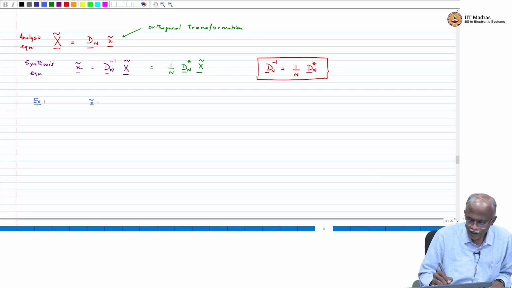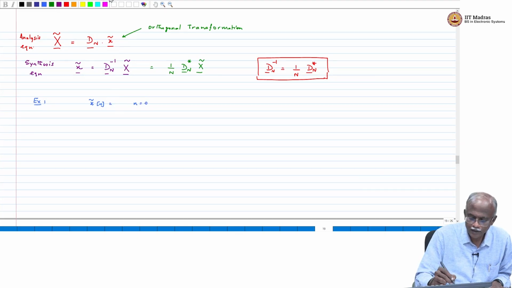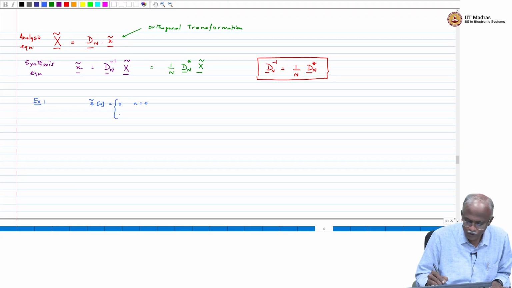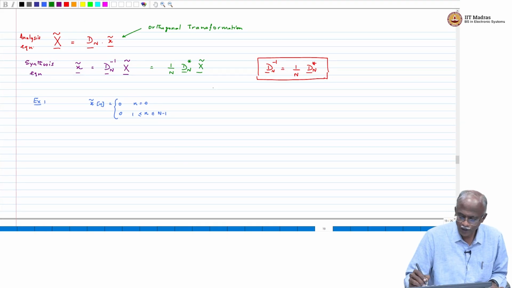I have a sequence x of n equal to 1 for n equal to 0, and it's equal to 0 for n greater than or equal to 1 and less than or equal to n minus 1. So basically it's a periodic sequence.